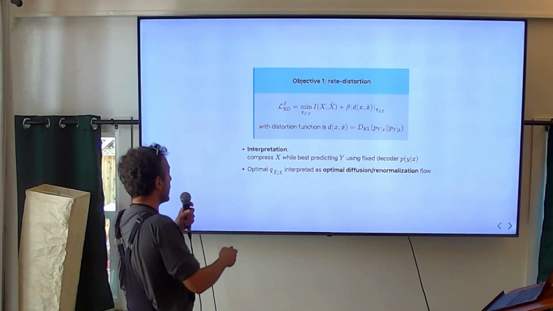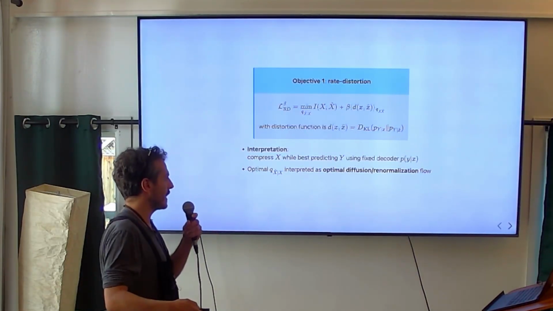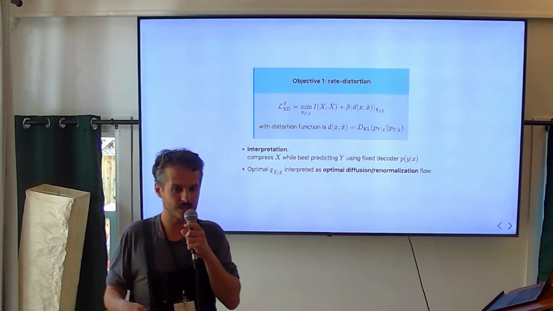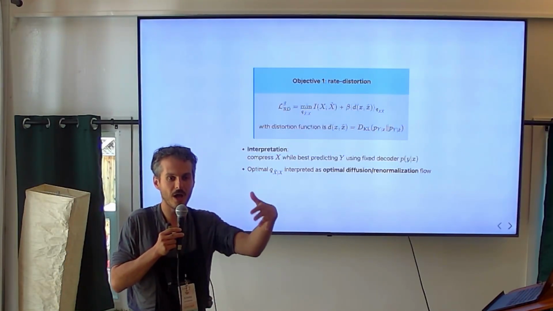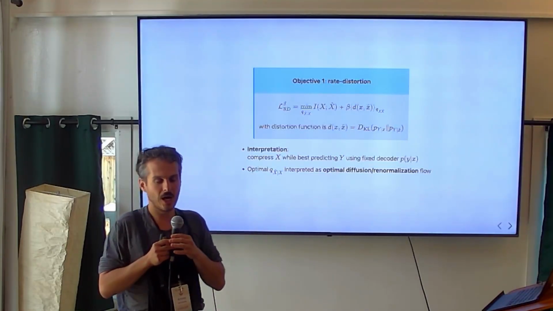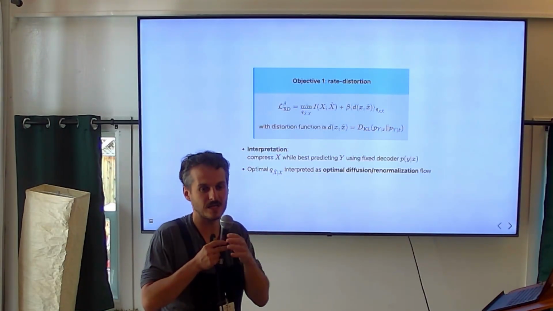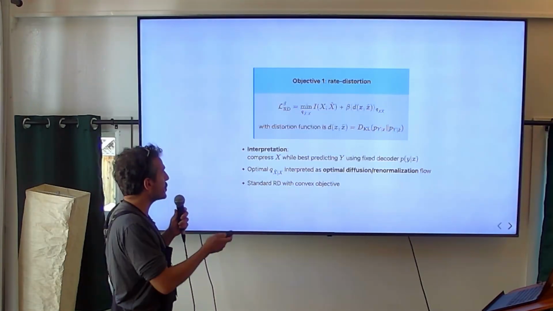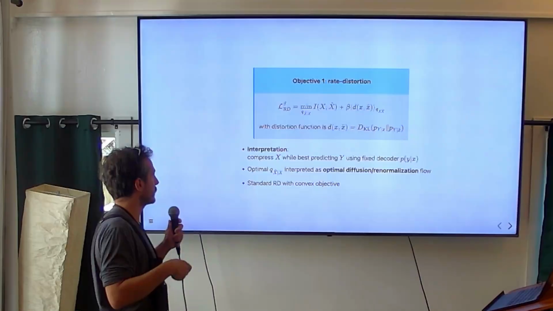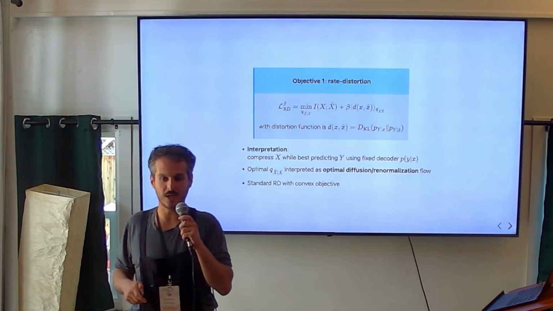We can also think of this optimal Q as a kind of diffusion. Given a certain budget of how wrong I am about mispredicting, it's as diffuse as possible in the space of states. As I mentioned, this is a standard rate distortion problem with a convex objective. It can be optimized using standard algorithms.